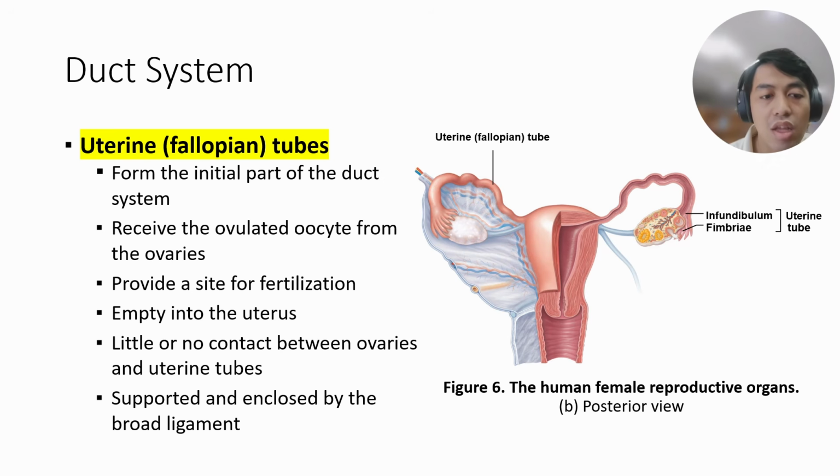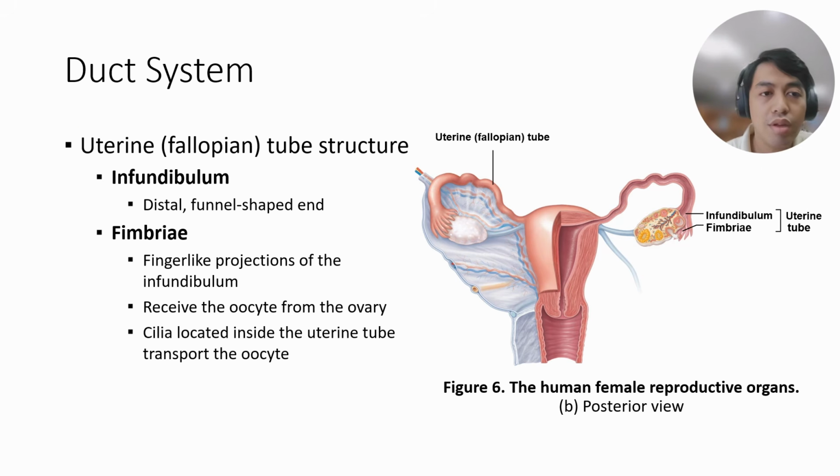And the fertilized egg will then be emptied to the uterus. For the fallopian tube, it has its infundibulum, which is a funnel-shaped end, and the fimbriae, which are the finger-like projections of the infundibulum.